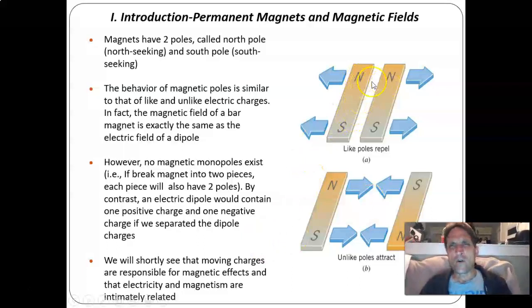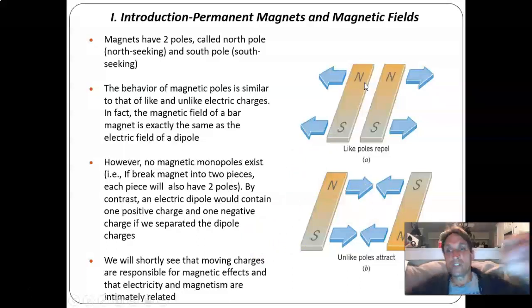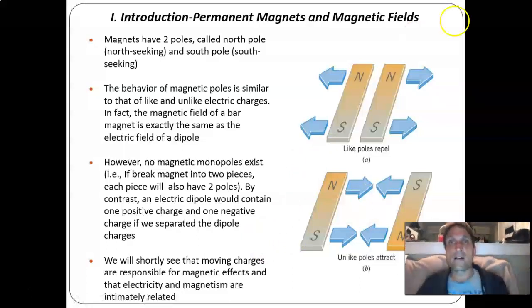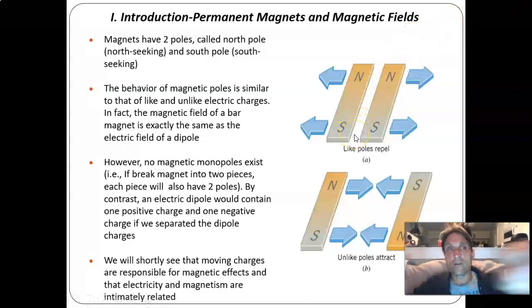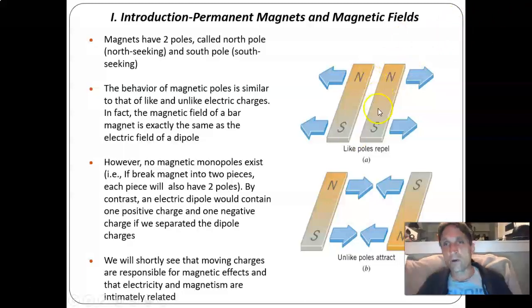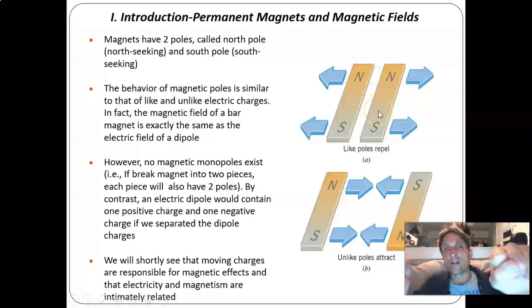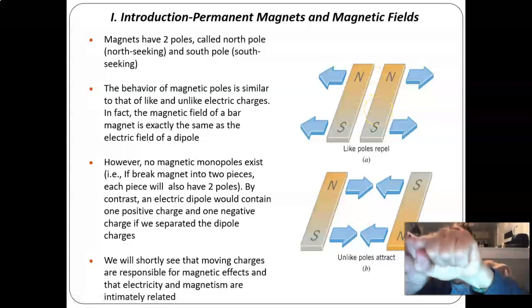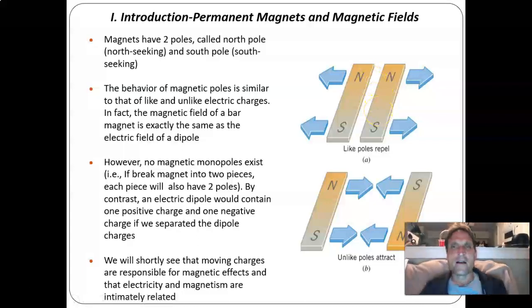If you take two north poles of a magnet and push them together, they will repel. And if you take two south poles from two magnets and try to put them together, they will repel. But if you take a north pole of one magnet and put it close to the south pole of another magnet, they'll attract, they'll stick together.